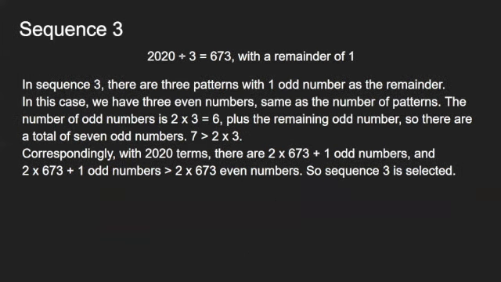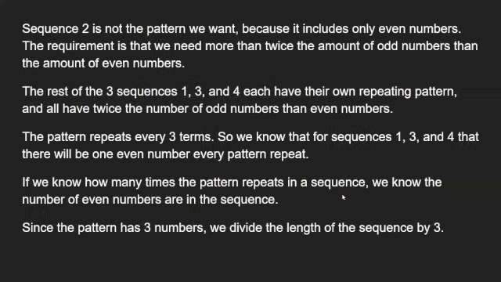So sequence 3. We already ruled out sequence 2, so we're skipping straight to sequence 3. Same thing: 2020 divided by 3 is 673 with a remainder of 1. So in sequence 3, there are 673 patterns with 1 odd number as the remainder. Let's see the sequence 3 chart.